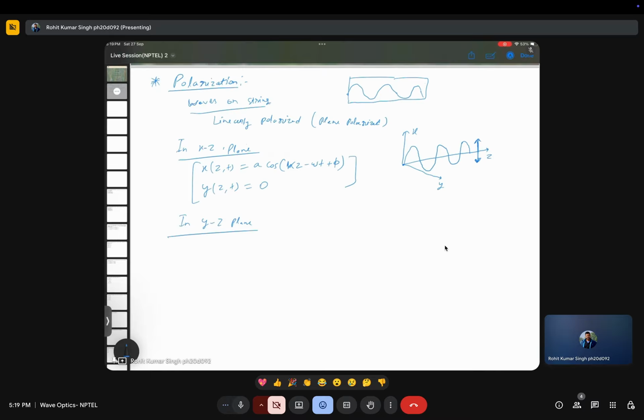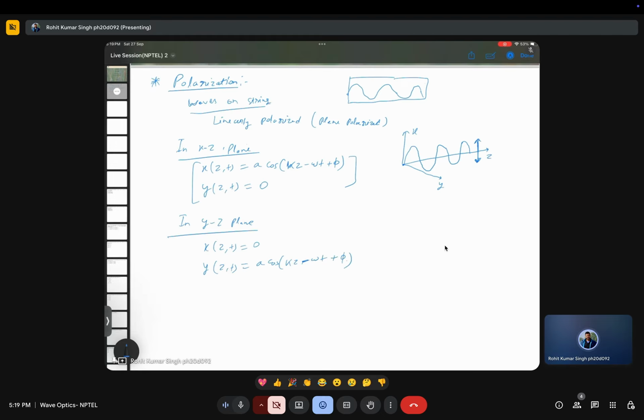In the x direction there is no oscillation, and in the y direction you will have the wave given by this equation.